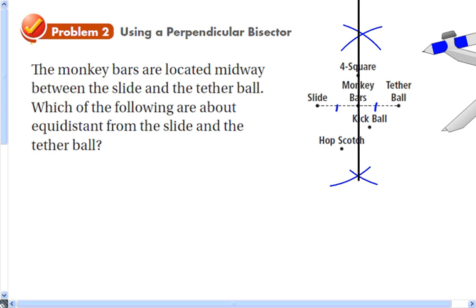That line shows us that anything on that line is equidistant from the slide and the tether ball. So the one thing we see that is on that line is the monkey bars. And we did that using the perpendicular bisector theorem. We know that this point would be equidistant from both of those.